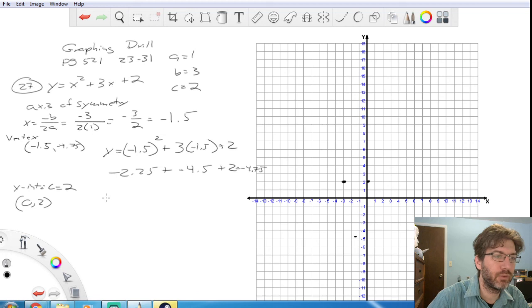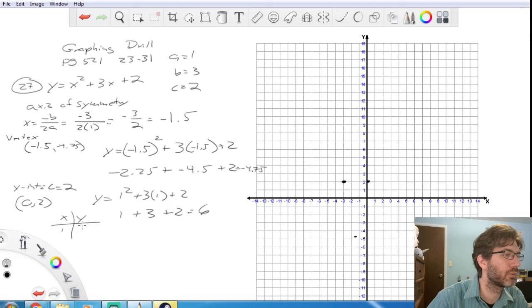And find another point. Let's look at, we can do 1. 1 is normally a good point to find. XY table. Find 1 for 1. Y equals 1 squared plus 3 times 1 plus 2. 1 squared is 1 plus 3 times 1 is 1 plus 2 equals 6.